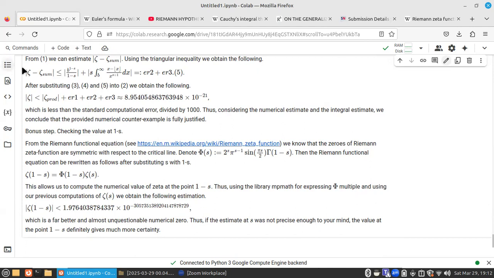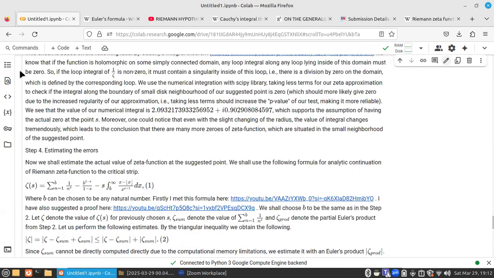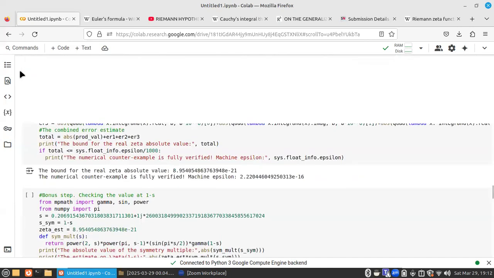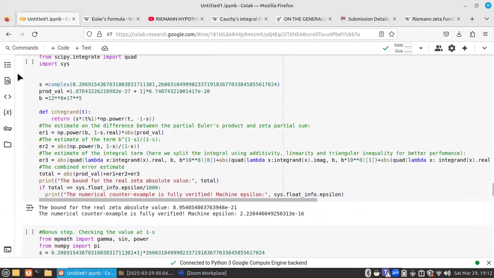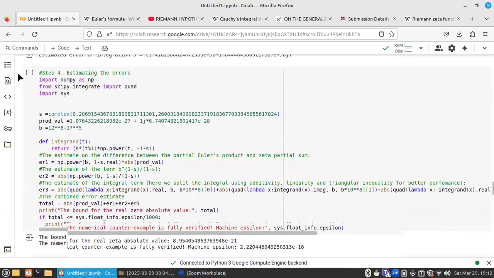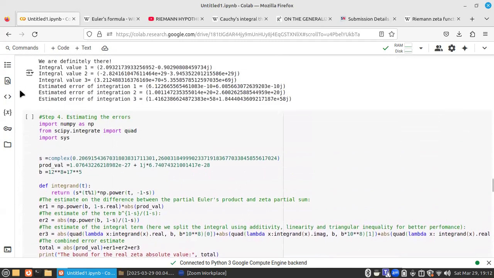So to see how it works, let's just run it. So well, here we've got our S candidate.